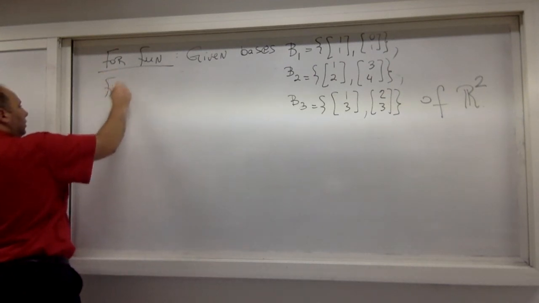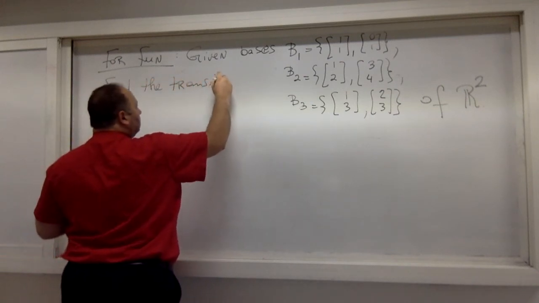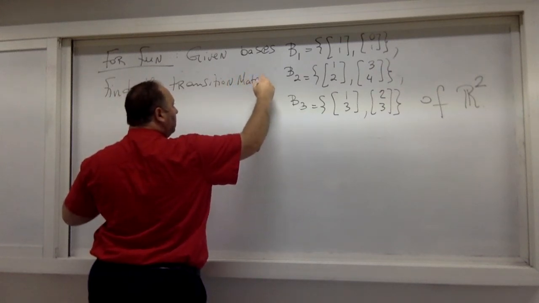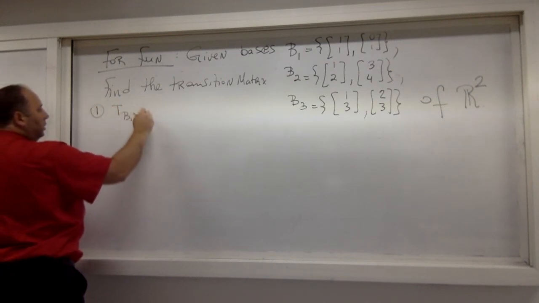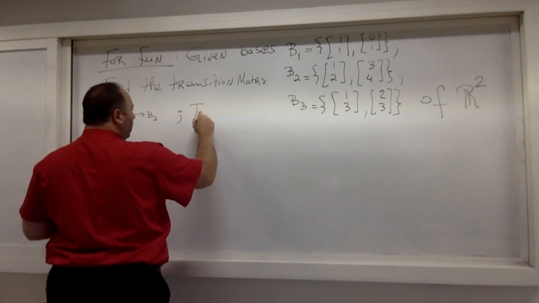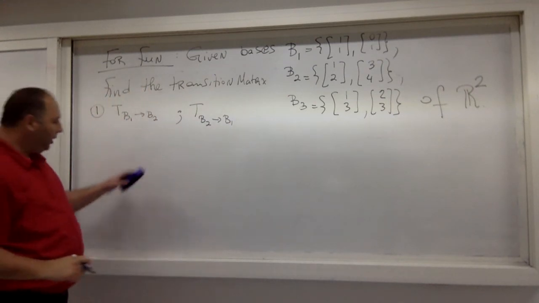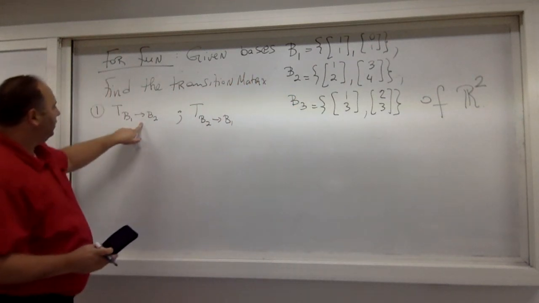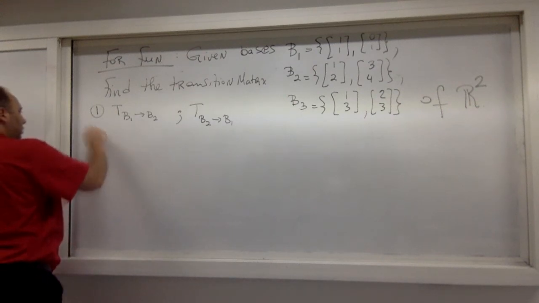So find the transition matrices. First you go from B1 to B2, and then also you go from B2 to B1. All of these matrices will be 2 by 2 because you have 2 vectors in the basis. Once you find this one, the other is just the inverse, and you know how to compute the inverse of a 2 by 2.